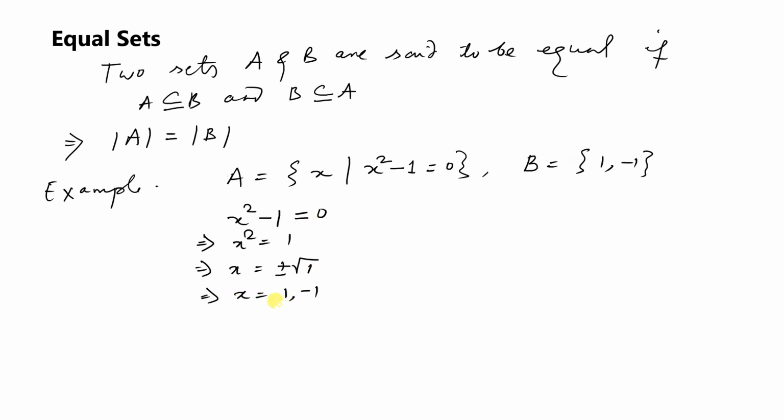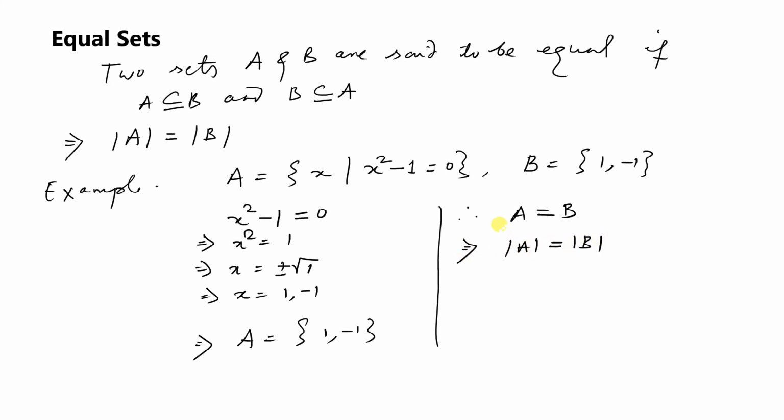So I can write A is equal to {1, -1}, and here it is actually the same. So we can find A is equal to B, as well as cardinality of A is equal to cardinality of B. So here two sets are equal. This is example number 1.